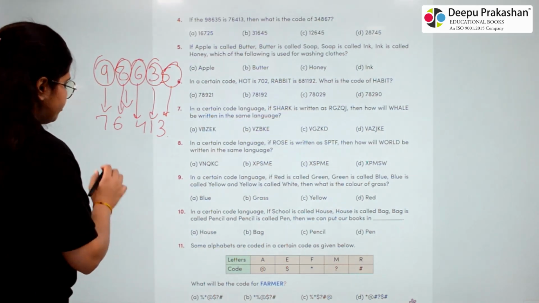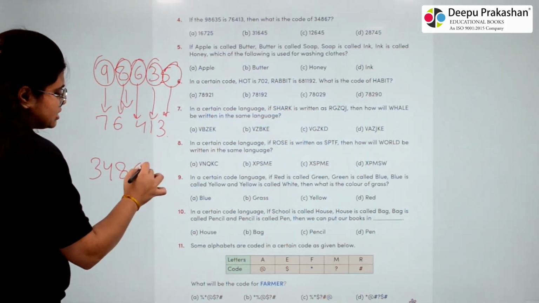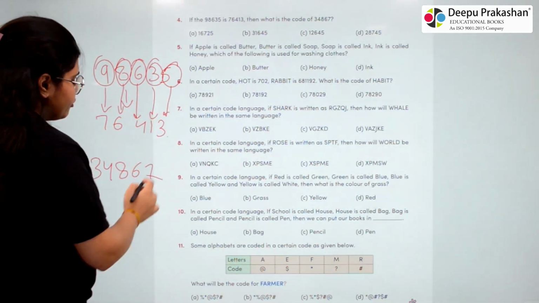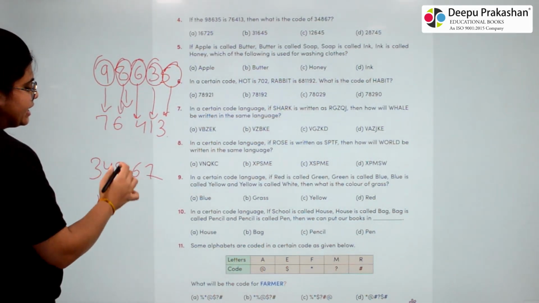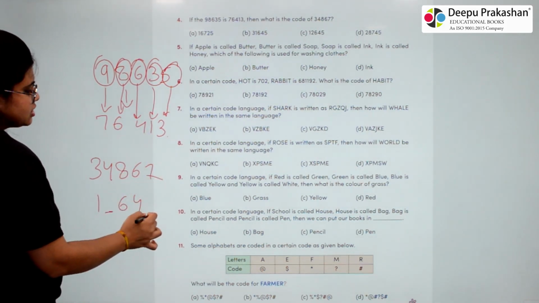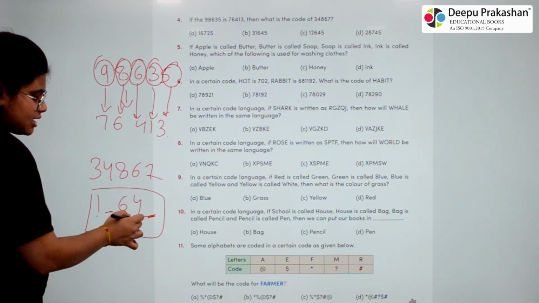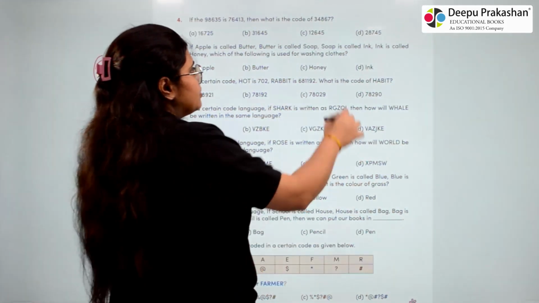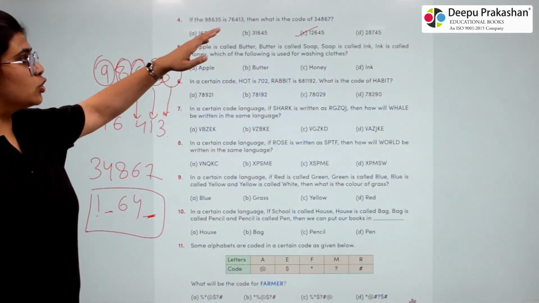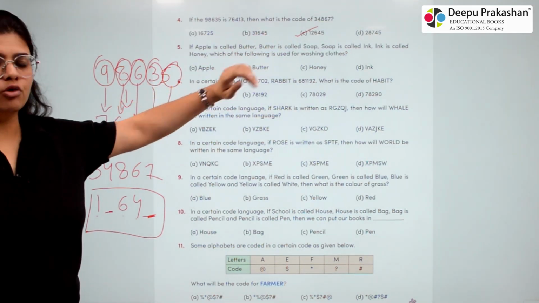Now we are asked for 34867. So here 3 stands for 1, 4 is not present, 8 stands for 6, 6 stands for 4, and 7 is also not present. So we have to find a number that has 1, 6 and 4, and that number is C, that is 12645. So 34867 will be coded as 12645.